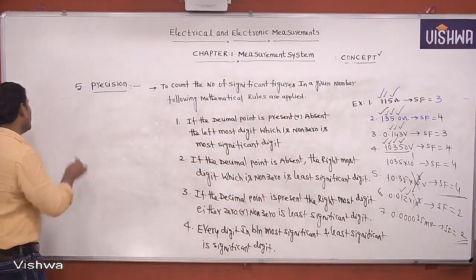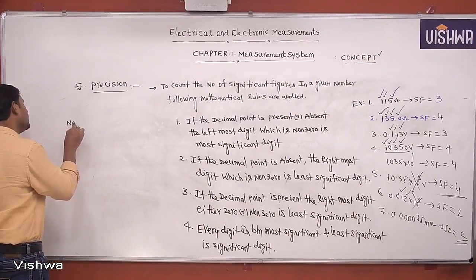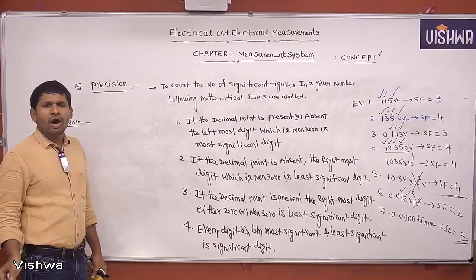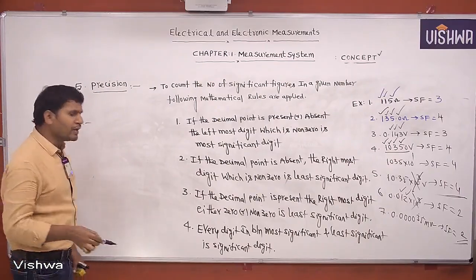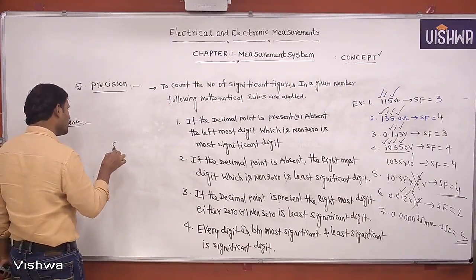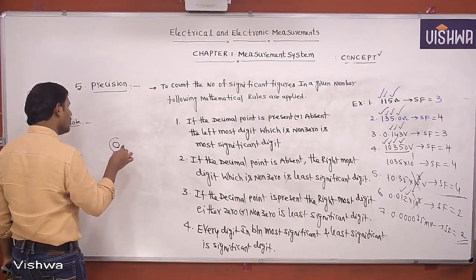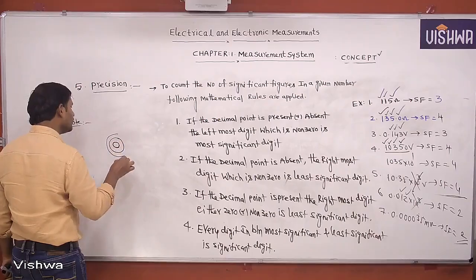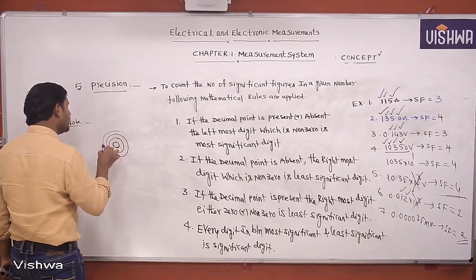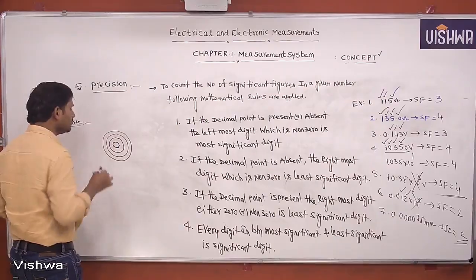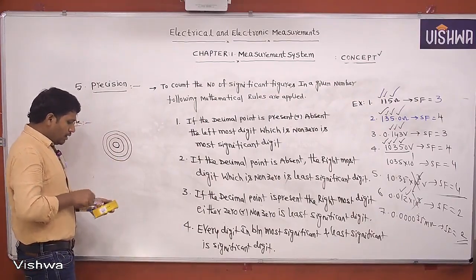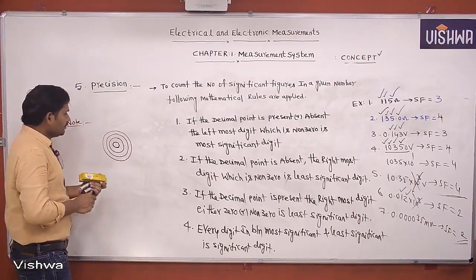But one more point to remember: by using the dots method also we can define the accuracy. For example, this is the central value, and these are values deviated from the central value. Okay, the dots are here.